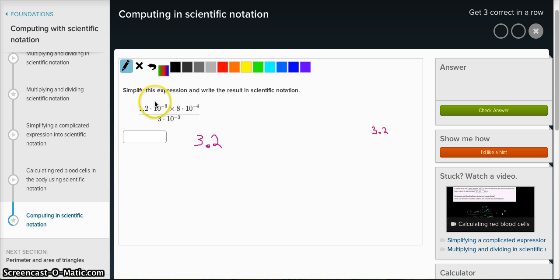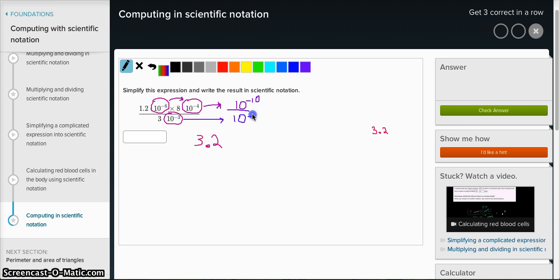And now I gotta figure out what all these guys here are. Now this time I'll be extra careful because last time I was sloppy and rushing and messed up. So let's see. I add on top. So negative 6 plus negative 4 is negative 10. I add everything on the bottom. There's only one thing on the bottom, so that's not very hard to do. And I get 10 to the negative 3.